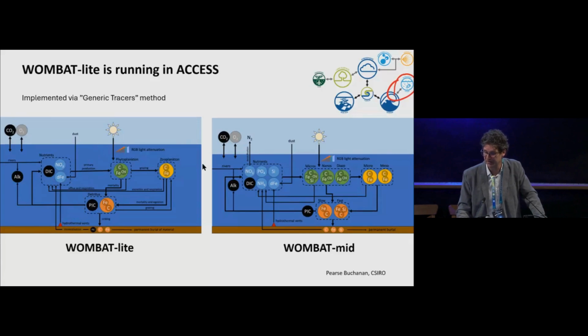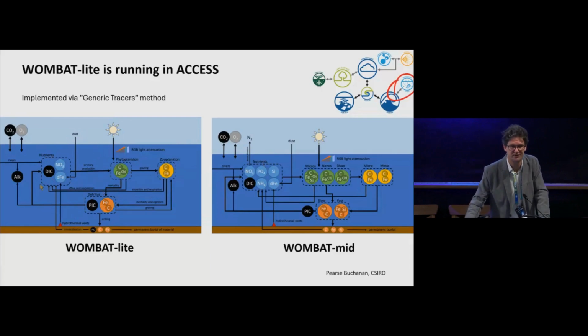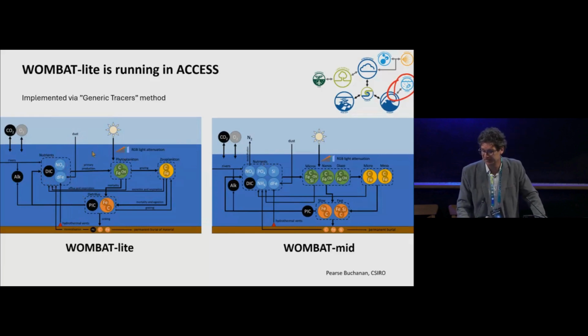This is WOMBAT Lite on the left, which, as far as biogeochemical models go, is fairly simple. WOMBAT Lite is a significant advance on the WOMBAT that we've been using up until now, particularly in areas of iron and carbon flux in the Southern Ocean.